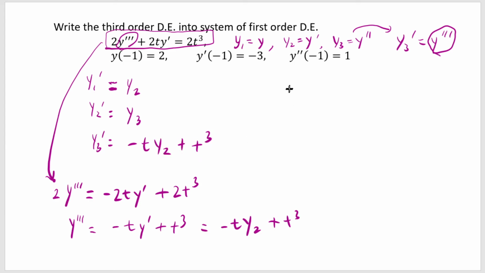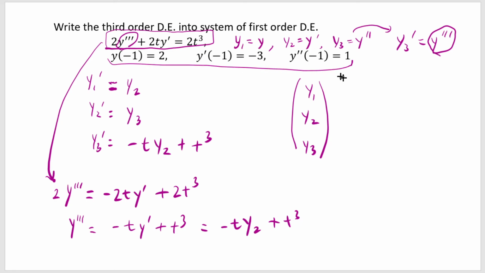And then finally, because y1, y2, y3 becomes a single column vector when you write this into a system of equations, this thing can also be written as this column vector evaluated at 0. So this evaluated at 0 is what?